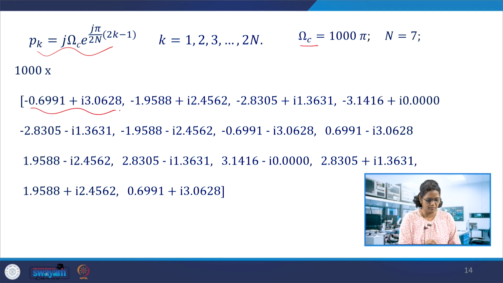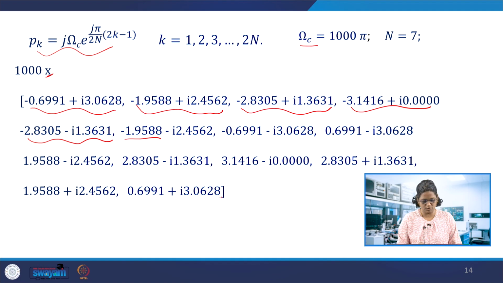You can see the poles, which are multiplied with 1000. All these poles have different magnitudes, so the common 1000 is taken out. Minus 0.6991 is one pole, and you can see the second pole, third pole, fourth pole, and so on, up to 14 poles here.